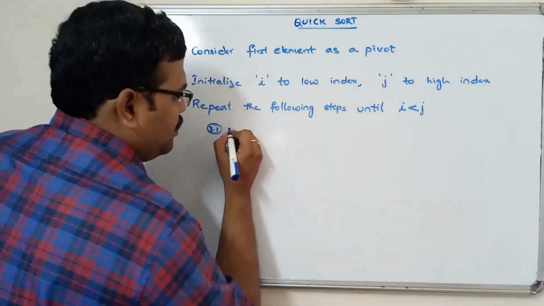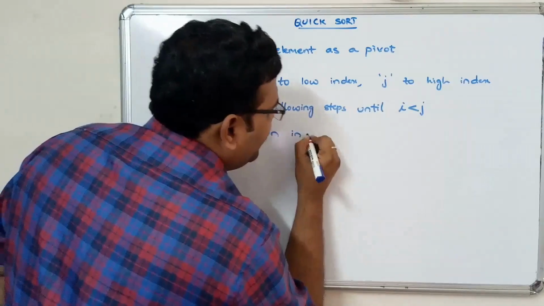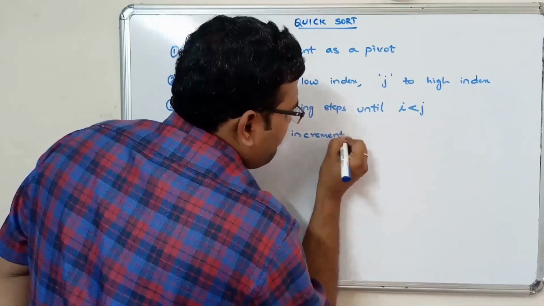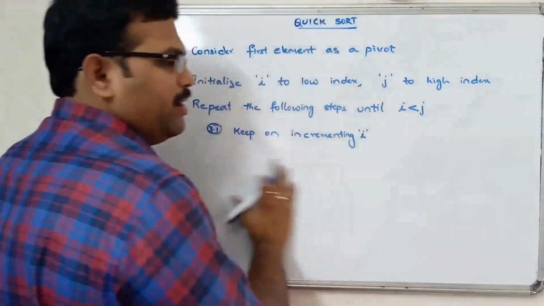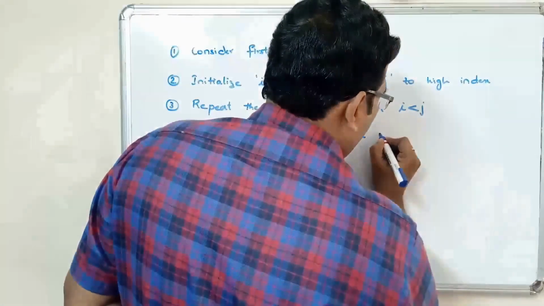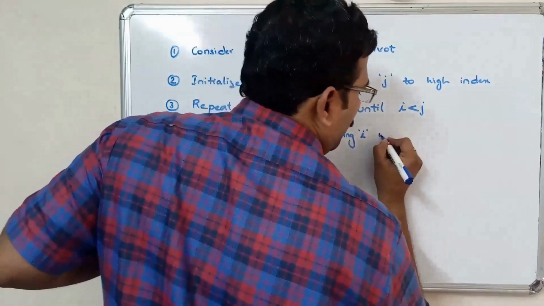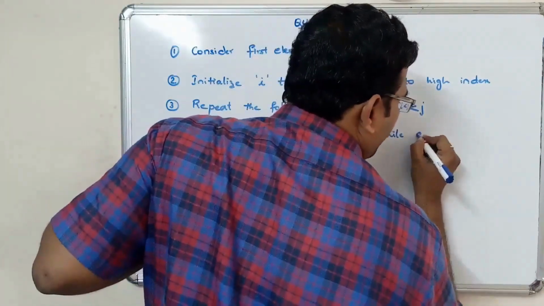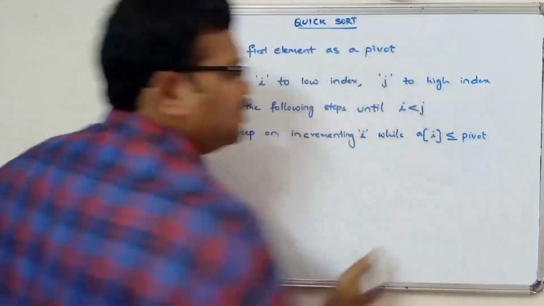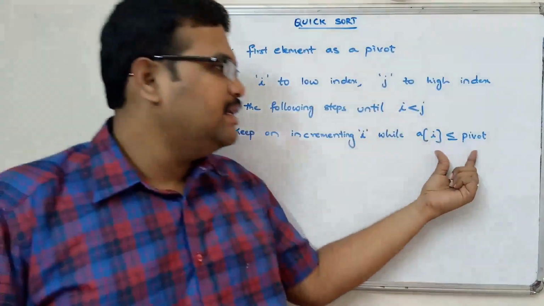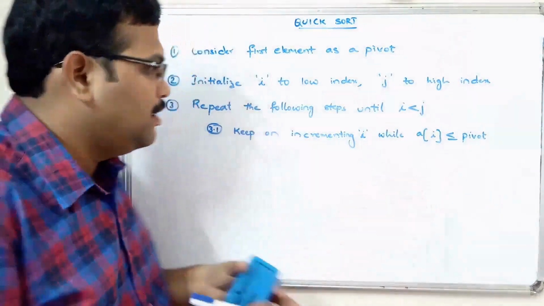First, keep on incrementing i while A[i] is less than or equal to pivot. Unless this condition becomes false, we have to keep on incrementing the i value.